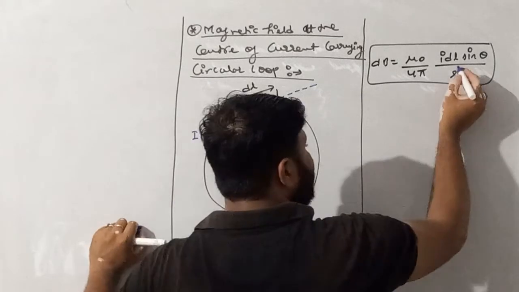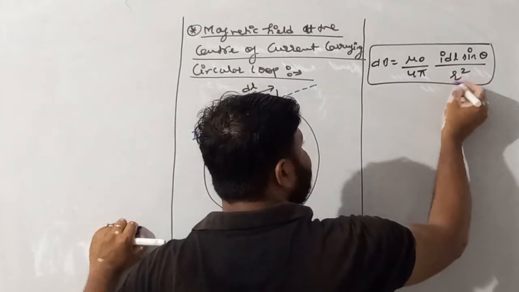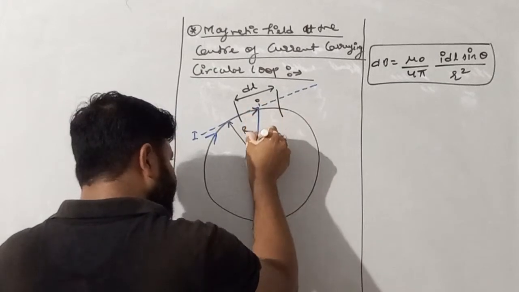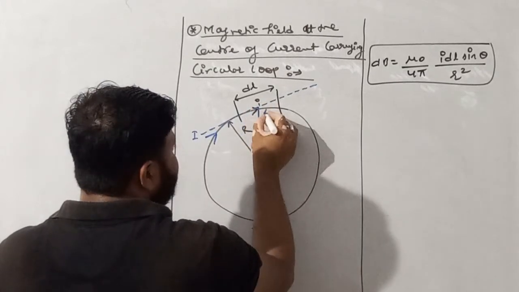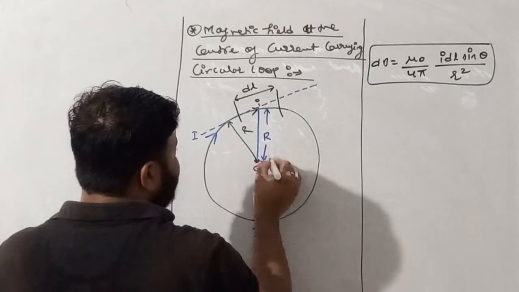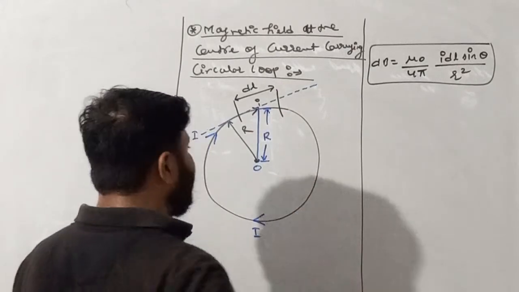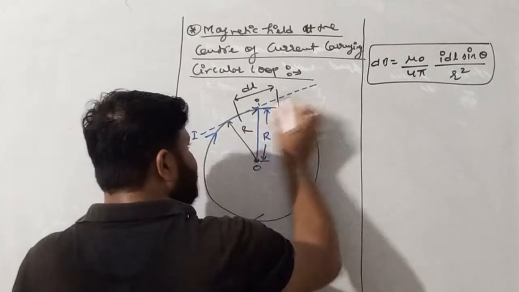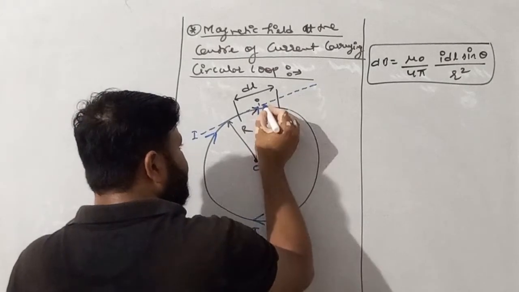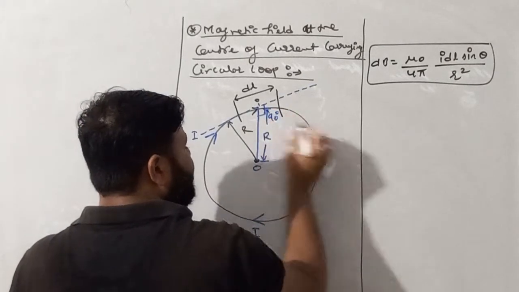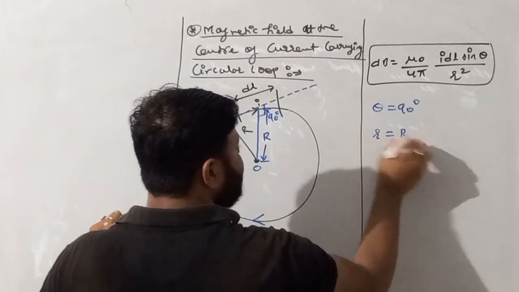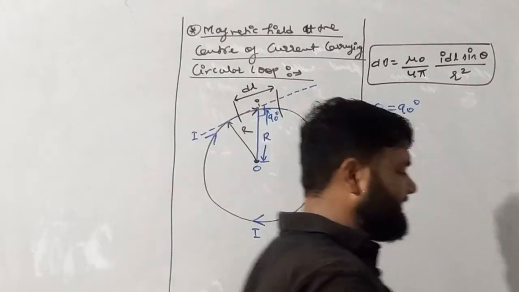After this, we want to find the perpendicular distance. So see, this is the current element. The perpendicular distance between the point and current element is equal to the value of radius. And now see, my dear student, this is the tangent, this is the perpendicular line, so this angle must be 90. So theta is 90, and distance is equal to the radius.